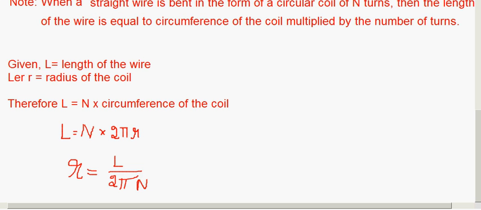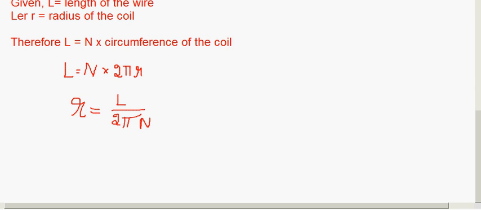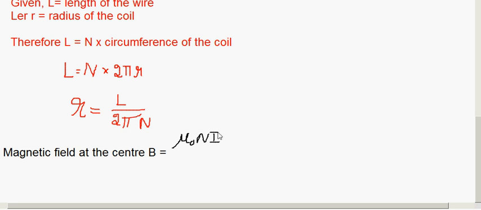Therefore the magnetic field at the center B is equal to mu naught N I divided by 2r. Replace r by L divided by 2 pi n. What do we get?